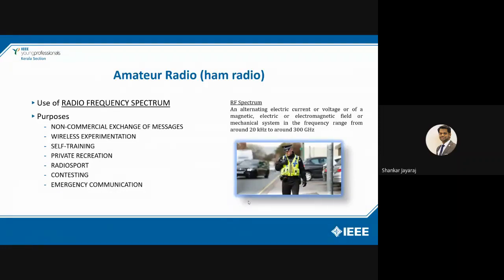I hope you have seen this picture, right? It's a policeman who always communicates with a walkie-talkie, even in Hollywood films. And even the policemen in India, especially traffic police, talk on walkie-talkies. All this basic communication system, we can call amateur radio communication.